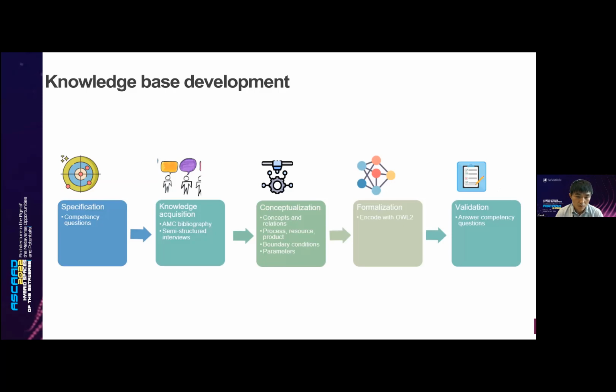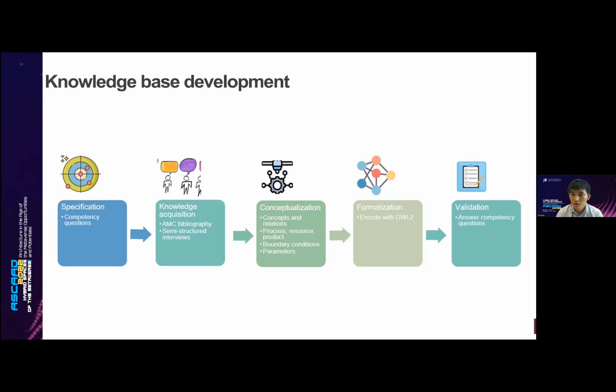Development of the ontology follows the workflow of specification, knowledge acquisition, conceptualization, formalization, and validation. As to specification, a set of competency questions are asked to clarify the scope and function of the ontology.